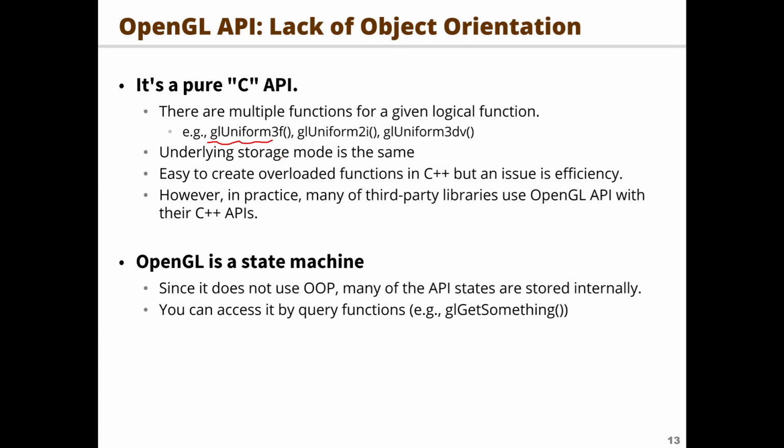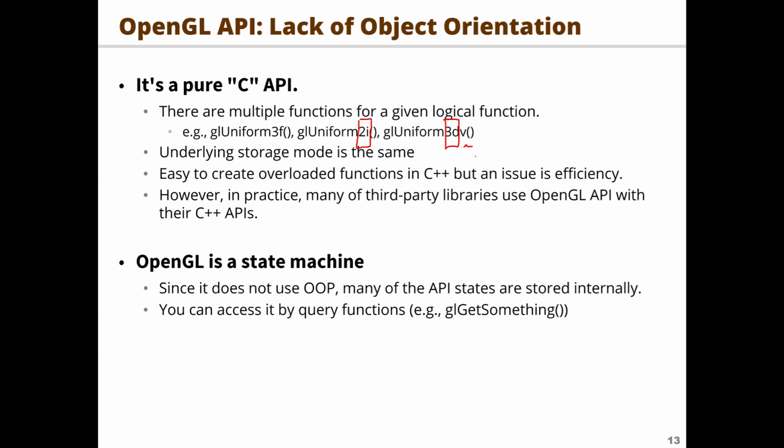So that's easy in C++. We can use function overloading, but here that doesn't exist in C. So we append many suffixes here. So 3f means 3 floating points are the arguments to this glUniform function. 2i is we use 2 integers. 3d is 3 doubles, and v is a suffix for pointer.